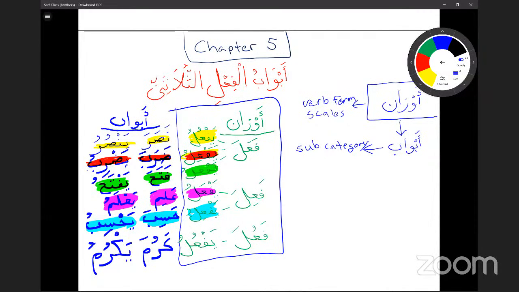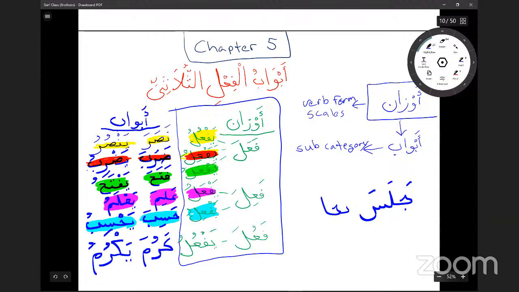Okay, so for example, if a fi'l like jalasa yajlisu comes, and it's from this bab, and we're reading, and it says, in the story, someone's talking to another person, and he says, "Anti tajlisina," right?